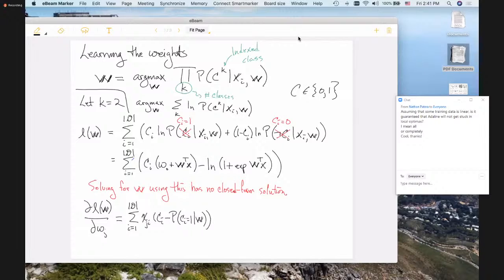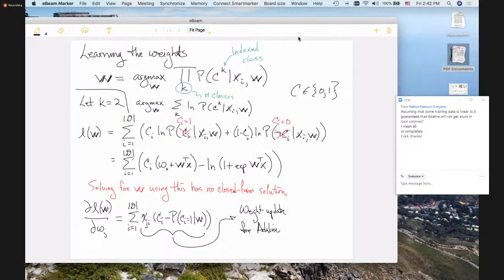Now that doesn't look so bad, because notice that this looks just like the weight update rule that we had for Adeline, right? And what we're doing is we're summing that over all of the examples in the data set.